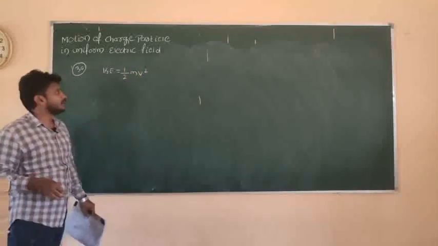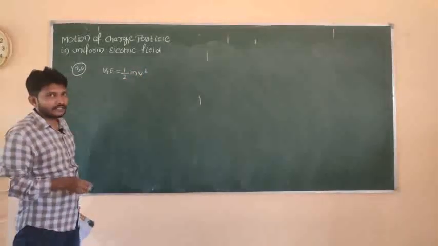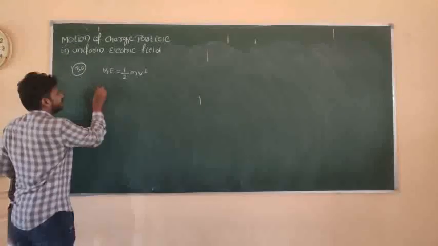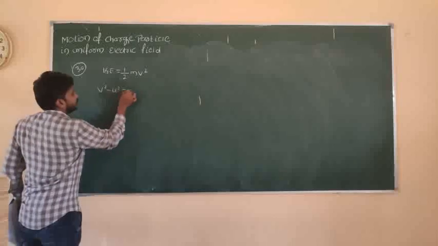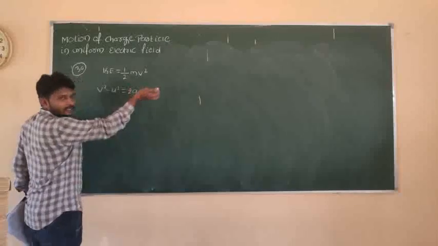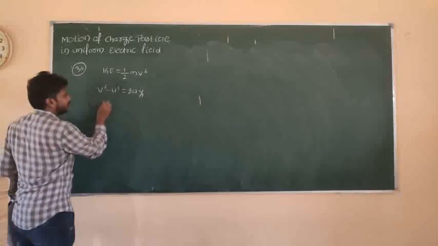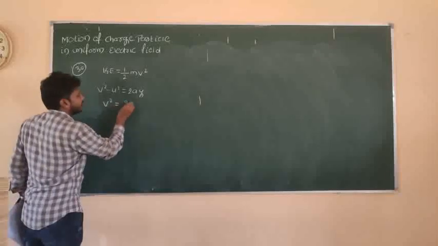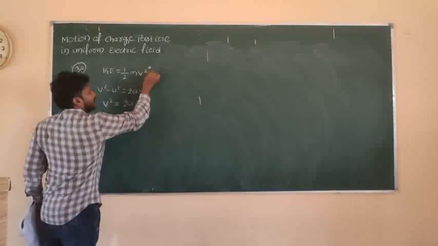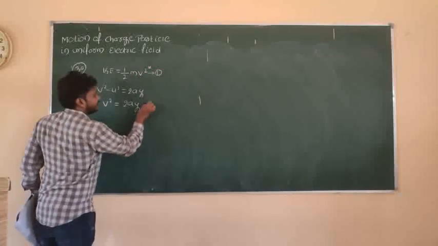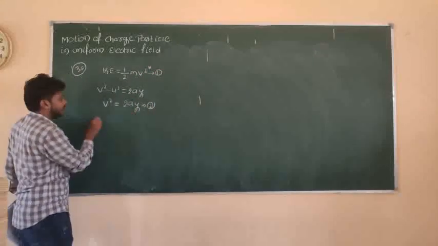Half of m into v square here. So initial velocity 0 means v square minus u square is equal to 2a into y, where displacement is y. Initial velocity 0 means v square is equal to 2a into y. So wherever v square is there, I will fill in 2a into y.